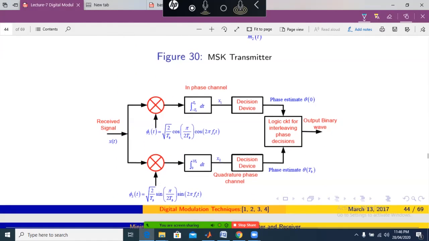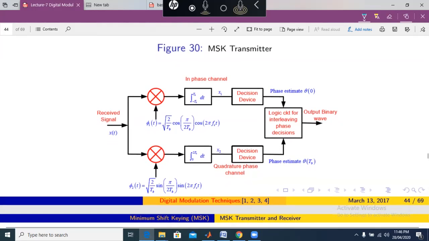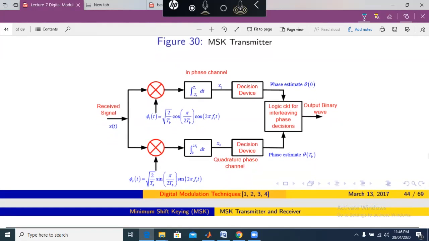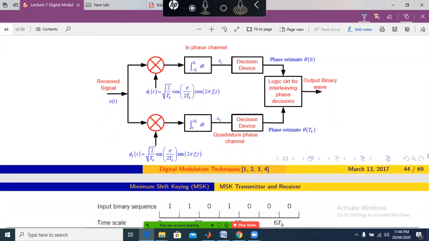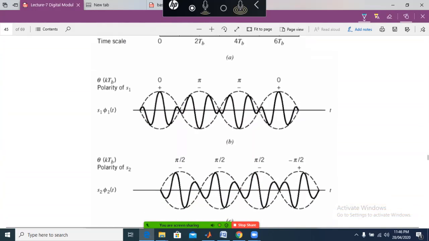So this is about the phase estimate of the signal at the receiver. I already explained that the in-phase branch will estimate the phase at 0 time, and the quadrature phase branch will estimate the phase at theta TB. Now look at this.